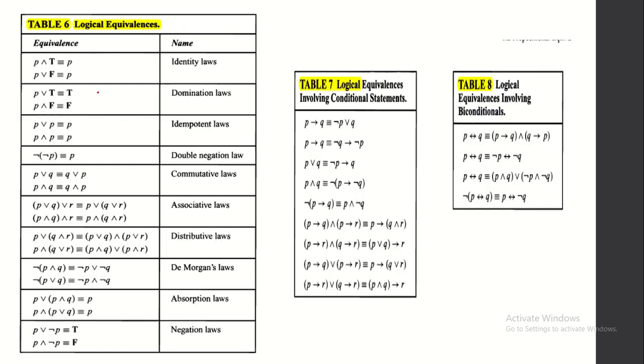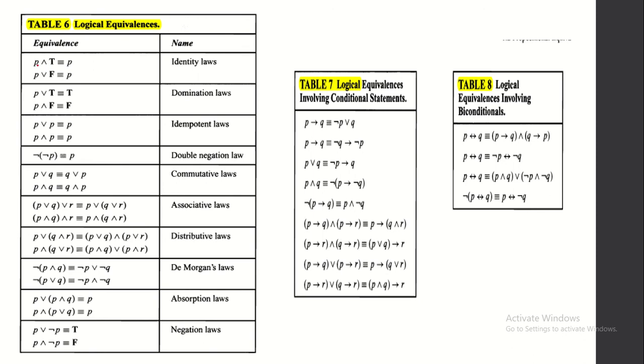Now we can also use logical equivalence. We can also prove logical equivalence by using some rules. What are these rules, sir? So this is the identity law. In this law, P and true: if it needs to be true, then P needs to be true.